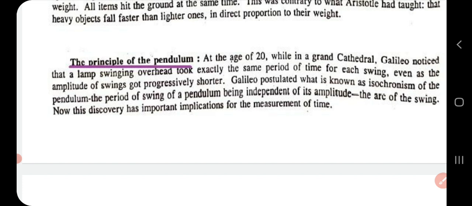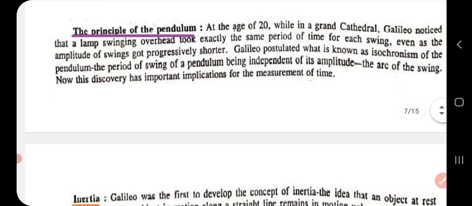And he postulated this as the isochronism of the pendulum, which means that the period of swing of a pendulum is independent of amplitude, that is, the arc of swing. The time period taken for each swing is the same and it is independent of amplitude. Okay, that was his discovery.